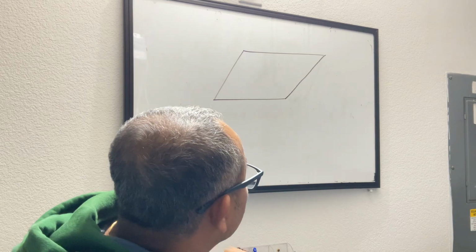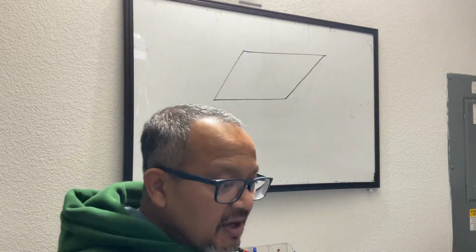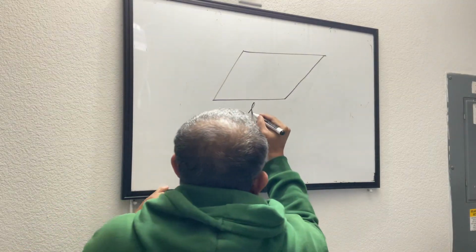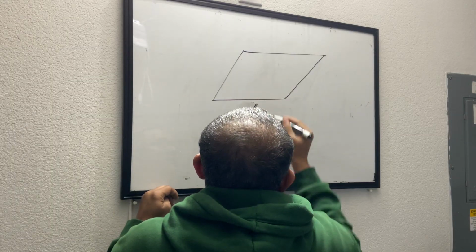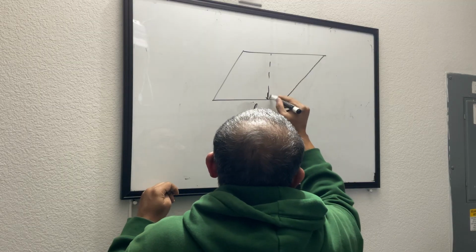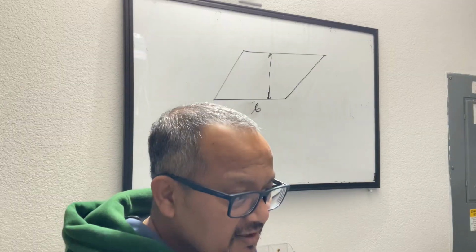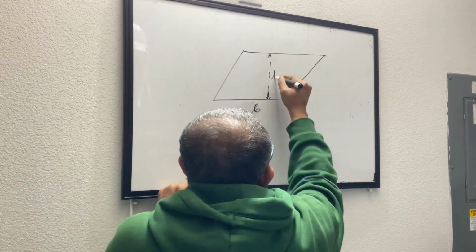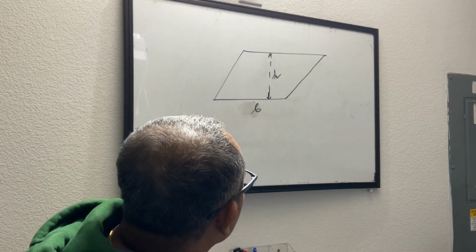This is a parallelogram. And as you guys said, area of a parallelogram is base times height. So this is my base. And height is nothing but the perpendicular distance between the two parallel lines, correct? Let's say this is height. We are trying to find out how come the area of parallelogram is base times height.